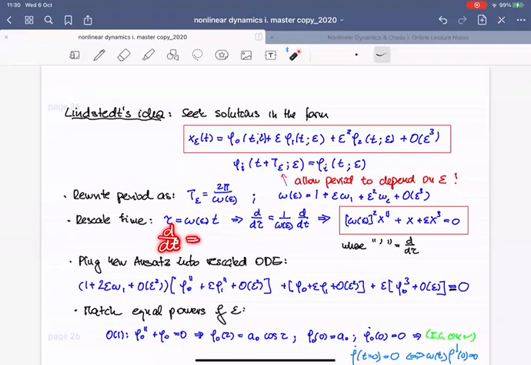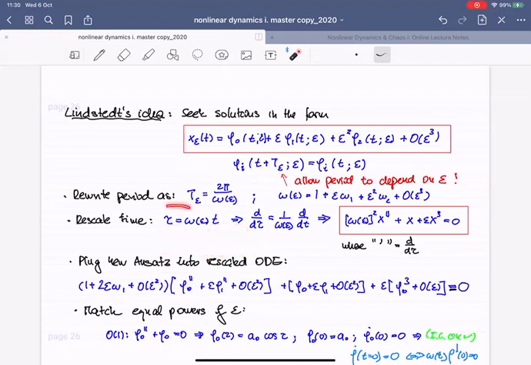So a first derivative in t, by the chain rule, is the same as taking a first derivative with respect to tau, but then I have to multiply by d tau dt, right? And the two are then equal. So whenever I take the derivative of something with respect to t, I can take the derivative of that with respect to tau, but then I have to multiply it by the derivative of tau with respect to t, okay?